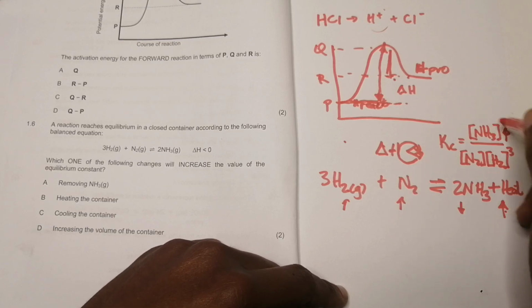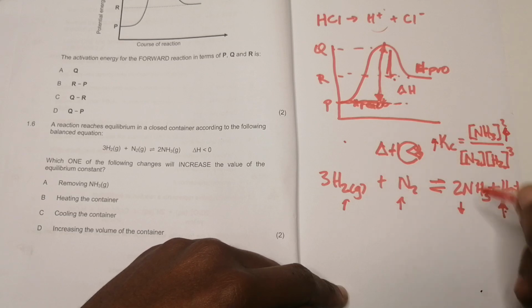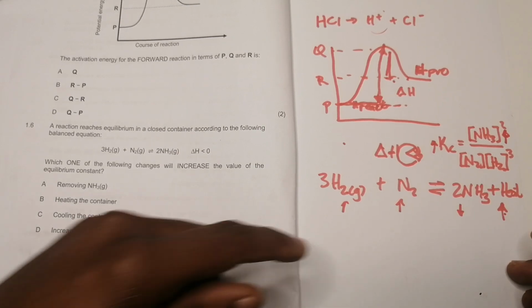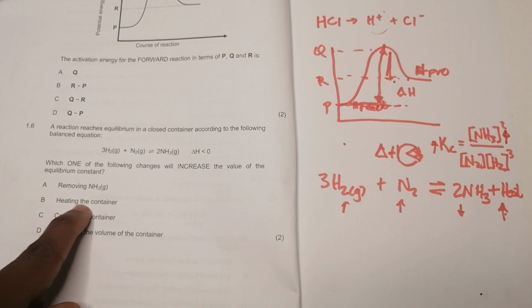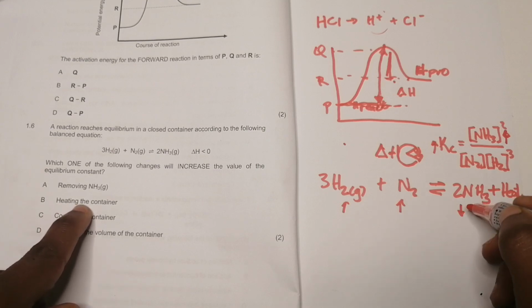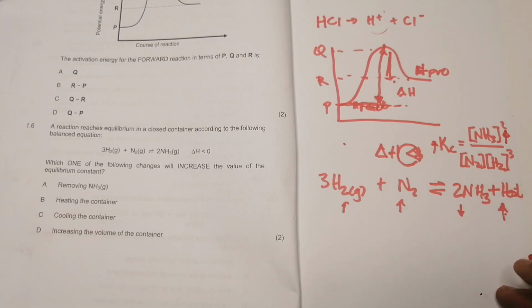When my numerator increases, the entire fraction will increase. So I want the molar concentration of NH3 to increase and these ones to decrease. Heating the container is really not going to cut it, because it will decrease the NH3 amount.